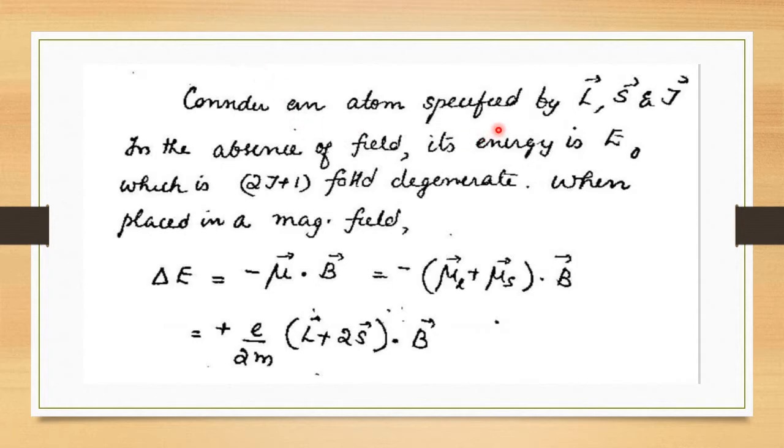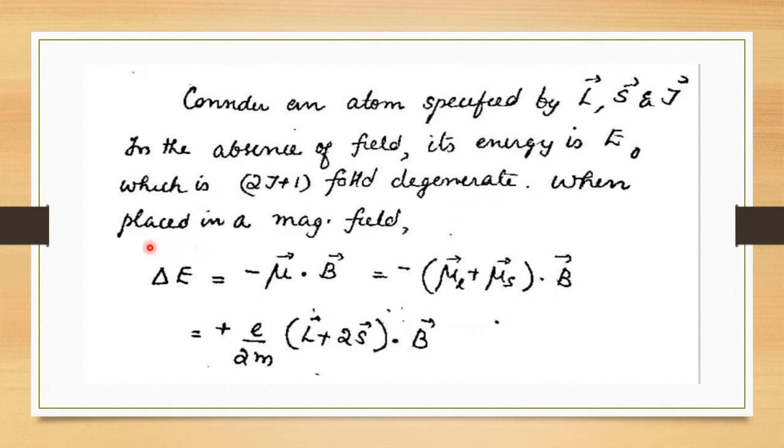Now consider an atom specified by an orbital angular momentum L, spin angular momentum S and total angular momentum J. In the absence of the field, its energy is E0, which is 2J plus 1 fold degenerate.